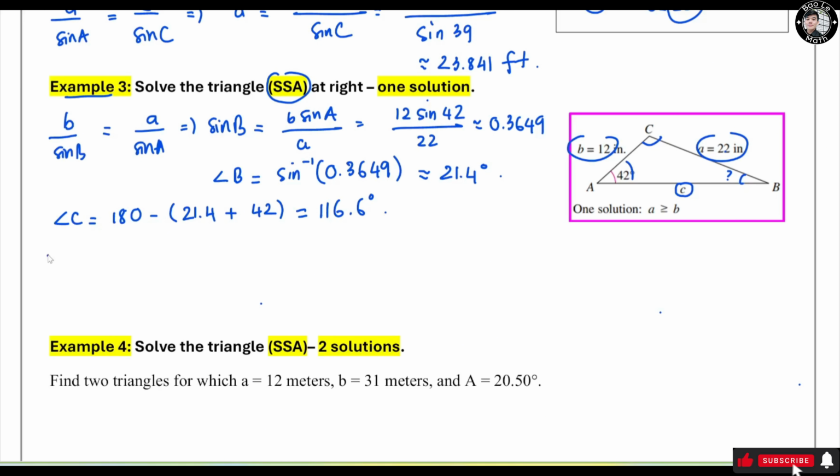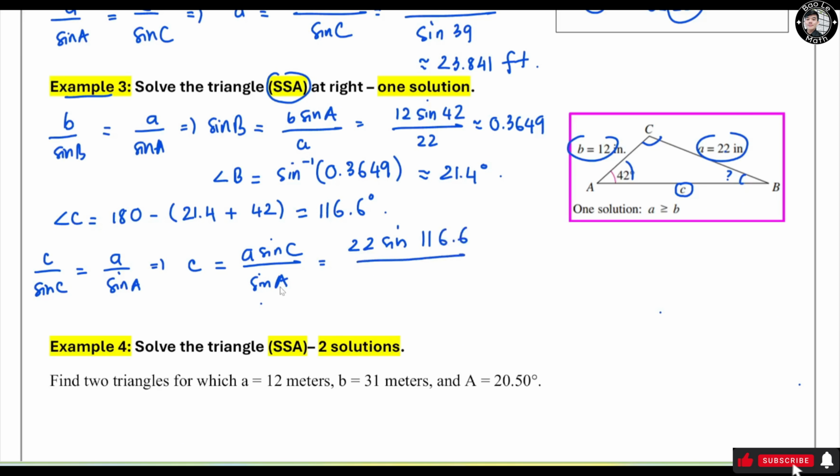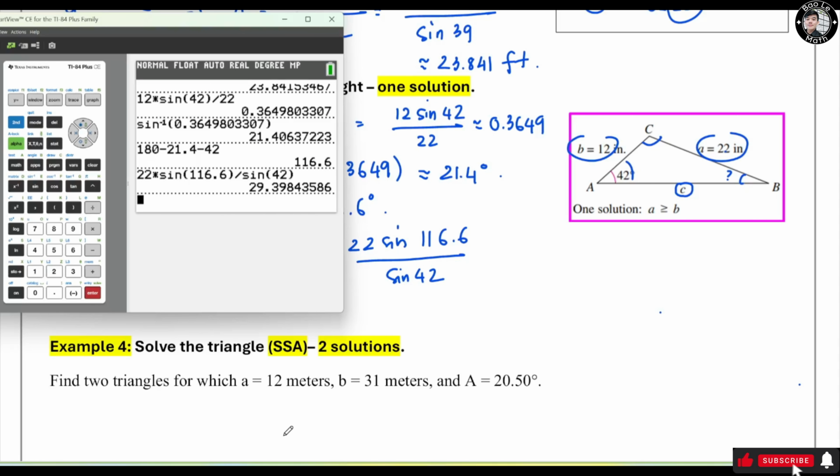So we have C over sine C equals A over sine A. Then C equals A sine C divided by sine A. Now A equals 22, sine of angle C, which we just calculated right here, 116.6, divided by sine A, which is sine 42. It's going to be approximately 29.4.